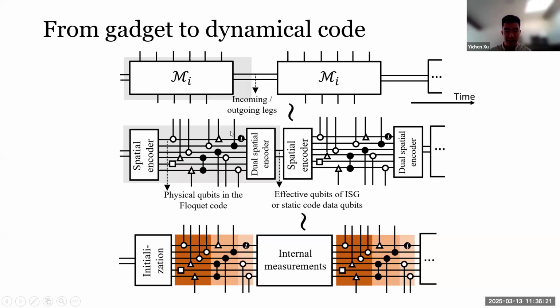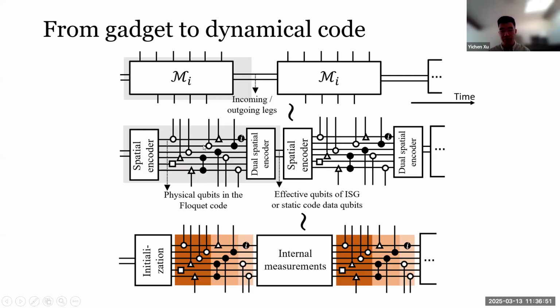You can always bring this ZX diagram into this form. It might be some really complicated stuff inside the box, but you can organize it in 3 stages. The first stage is these incoming legs being mapped to more legs. These more legs are actually the physical qubits that are part of the dynamical code. Then these physical qubits undergo some inter-gadget dynamics, which is represented by a ZX diagram.